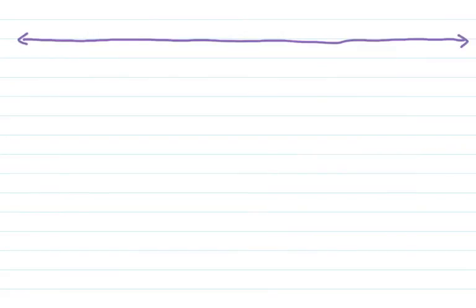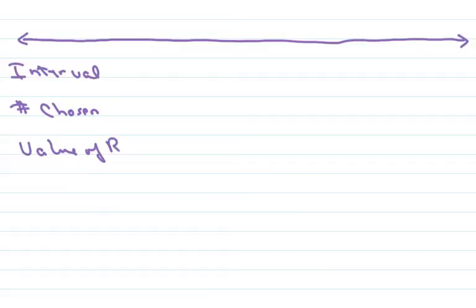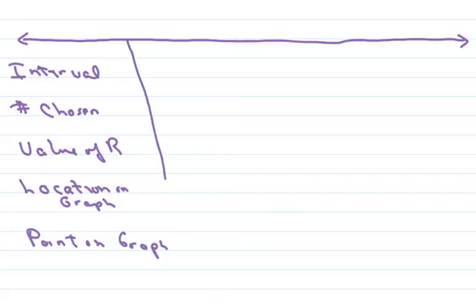So if you want to skip this step, we're going to look at the interval, the number chosen, value of r, location of graph, and point on graph. And then we're going to graph. So let me do this.